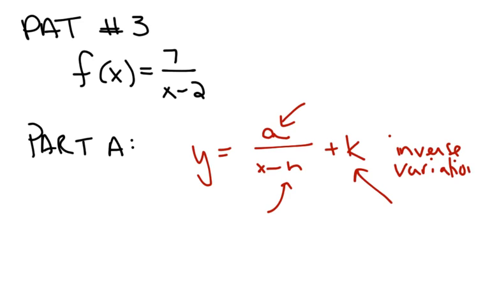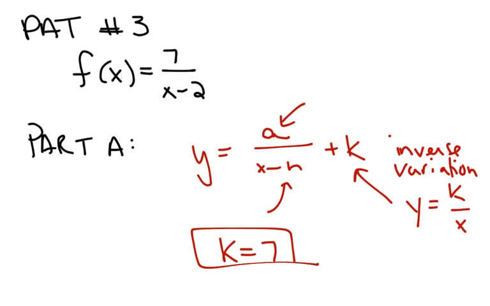Inverse variation was the one that said y equals k over x. So a is really k, your constant of variation. So your constant of variation is 7.